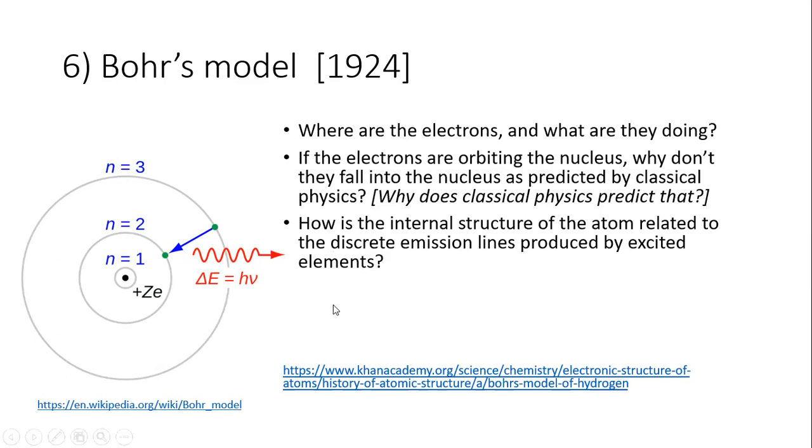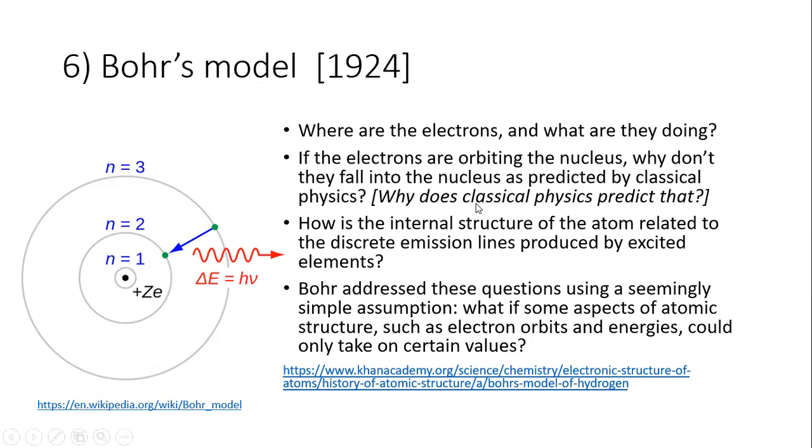How is the internal structure of the atom related to the discrete emission line spectrum produced by an excited element? Right? That's what we studied in the last topic. We see emission lines for hydrogen atom, for helium atom. Right? Why? Classical physics will tell us it should be a continuous spectrum because continuous energy is being emitted.